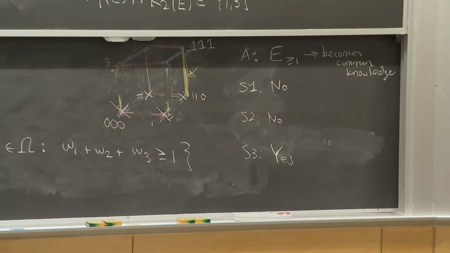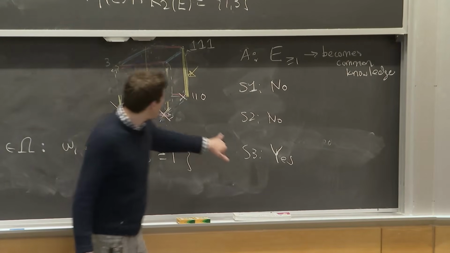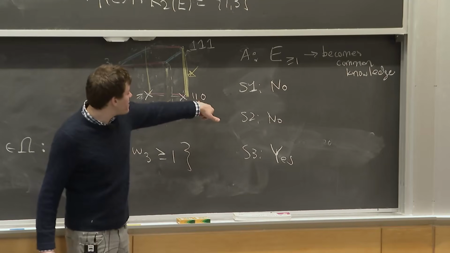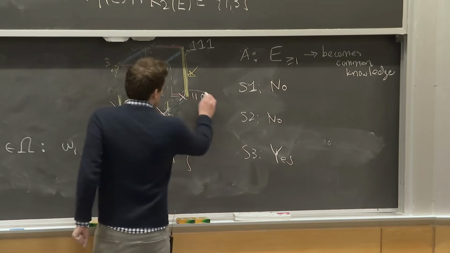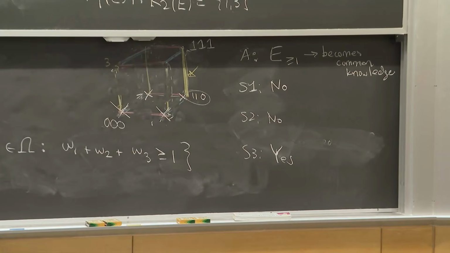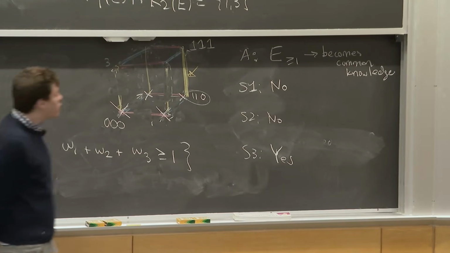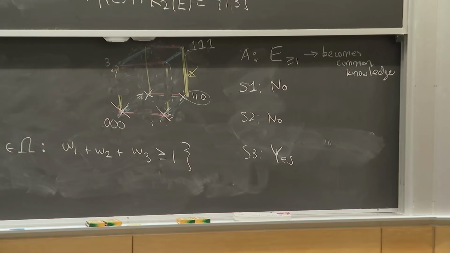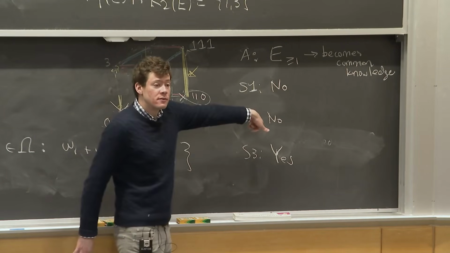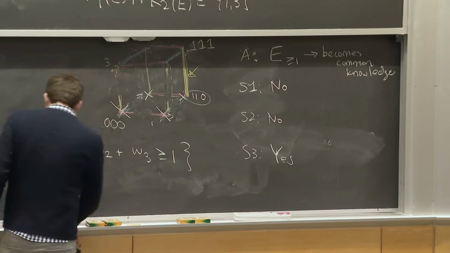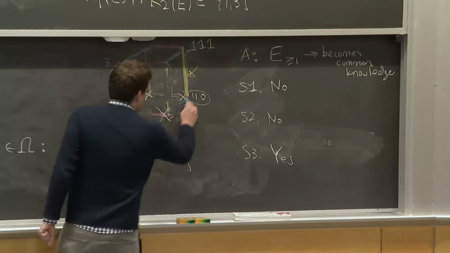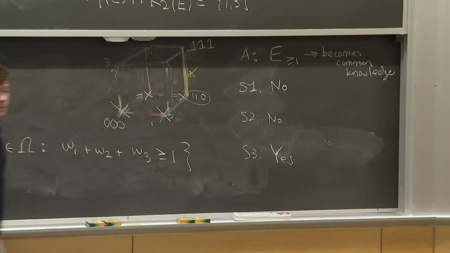Now, player 3 says, well, wait a second. Suppose the state were this. If the state were 1, 1, 0, and that means that my hat is white, but the other 2 players' hats are red, then let me put myself in the shoes of player 2. So if this were the state, then player 2's information set would be this.